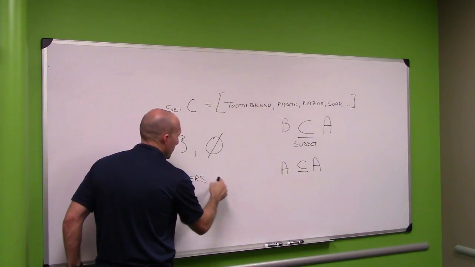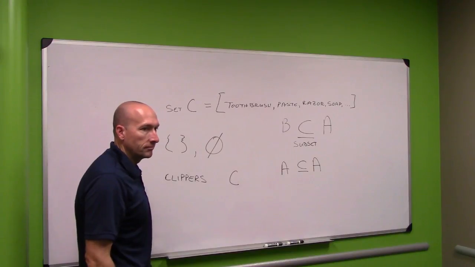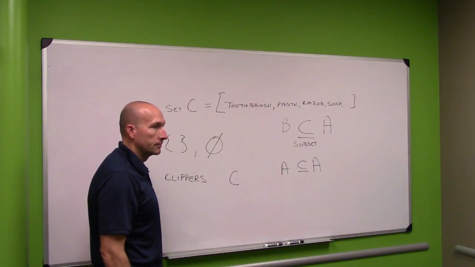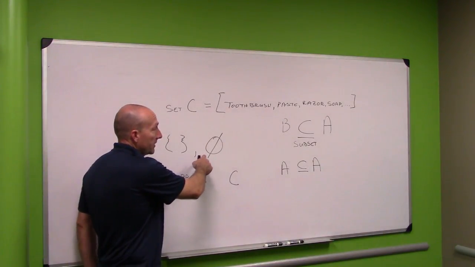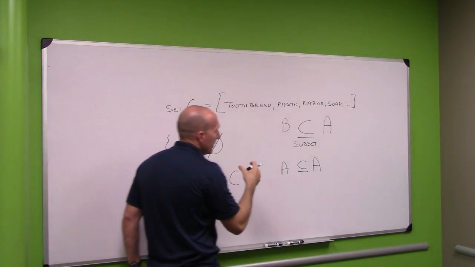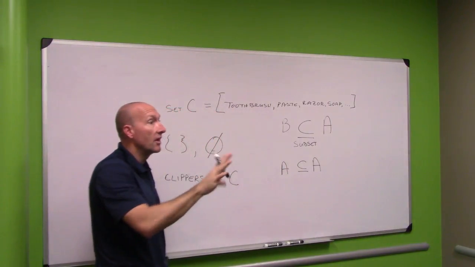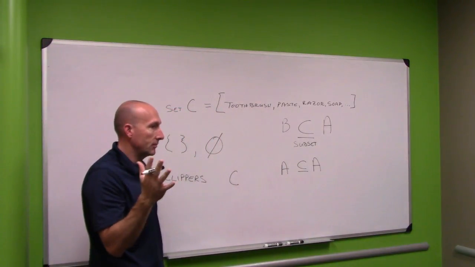What do you think this symbol would be, not an element of C? Okay, well that's a null set. That means that there is no set contained within another set. Okay, that means there's nothing there, or there's a set that is totally empty.